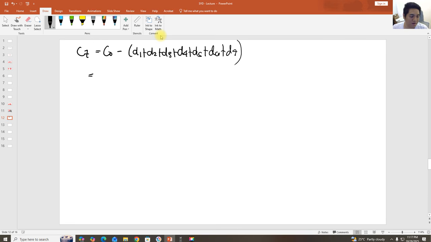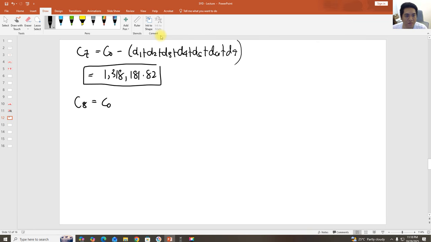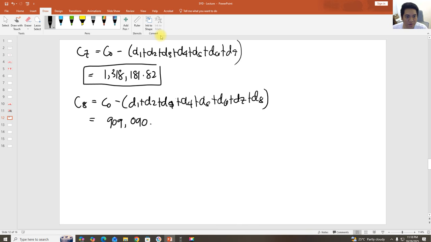The most important thing here is we know how to solve it. We know the values of the depreciation every year, and we see that it's getting near to the book value or the salvage value. So for our C8, 909,090.91.